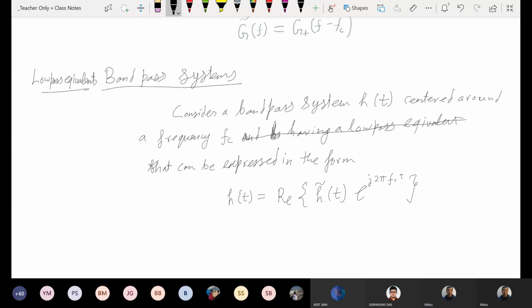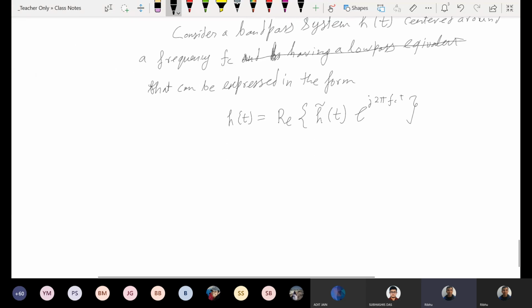Fine. There is some h tilde t in which we want to express it as the low pass equivalent. So we are actually trying to find the low pass equivalent. Now we know that this h tilde t is low pass.